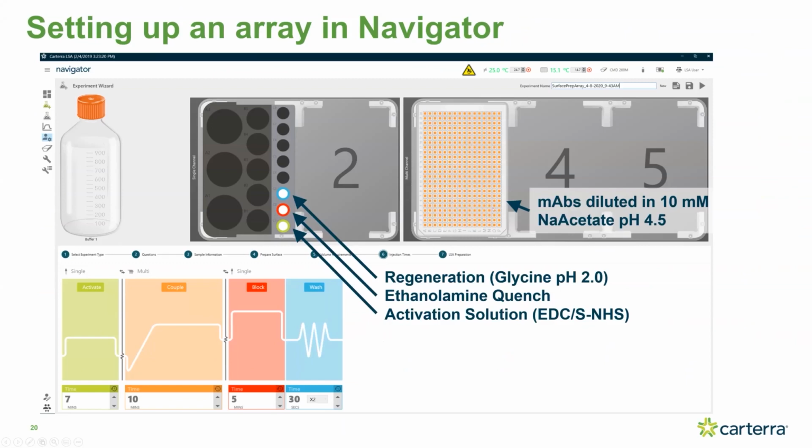In this case, it's antibodies that were diluted in 10 millimolar sodium acetate, pH 4.5, at various dilutions for 10 minutes, and then the single channel comes back onto the surface, and we would do the blocking injection, which is ethanolamine, or the quenching step, and then a regeneration cycle to a conditioned surface prior to the analysis.